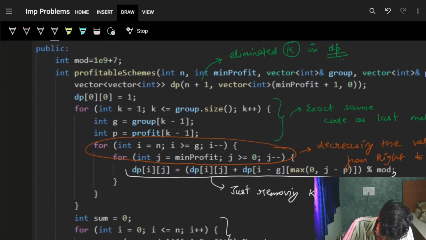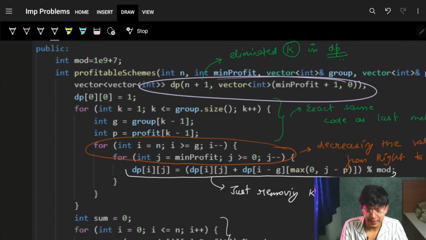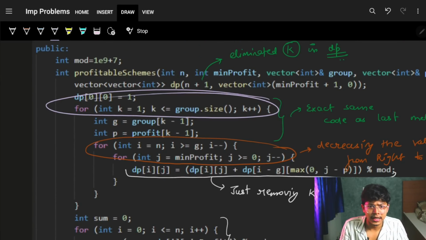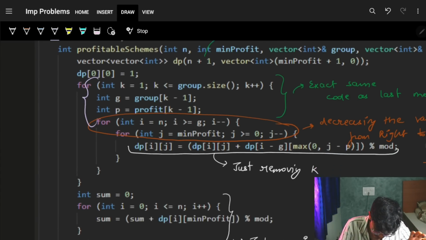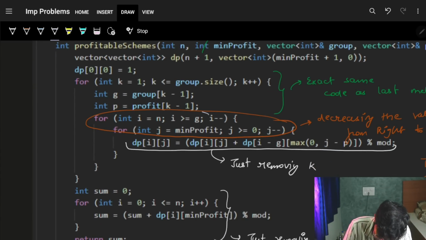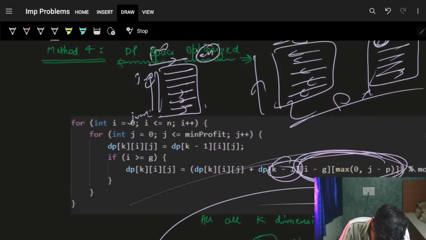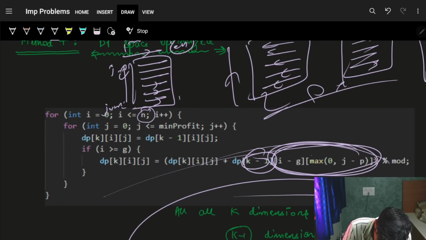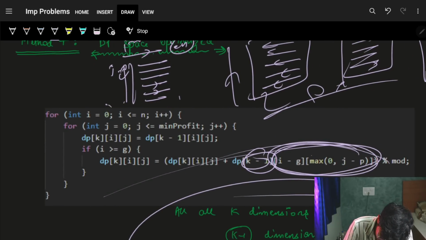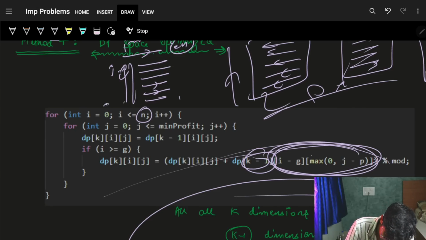It's exactly the same, just that a dimension of my whole DP is reduced. My k, exactly the same code. It's just that, as I told you, I have to go from right to left, which means earlier I was moving from 0 to N. And you saw that your i starts for sure from g, so I can just start from g itself.